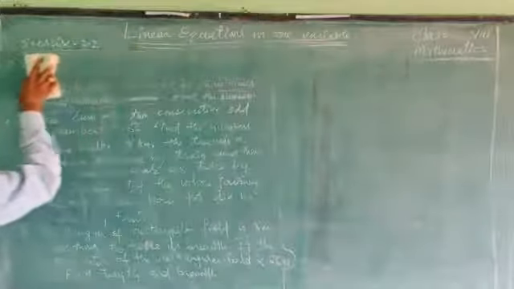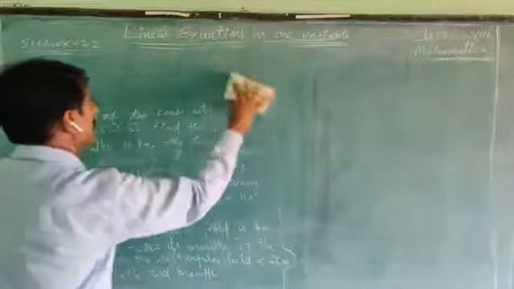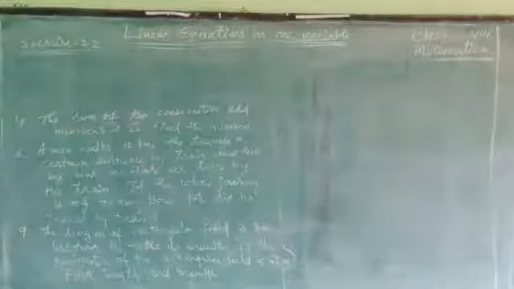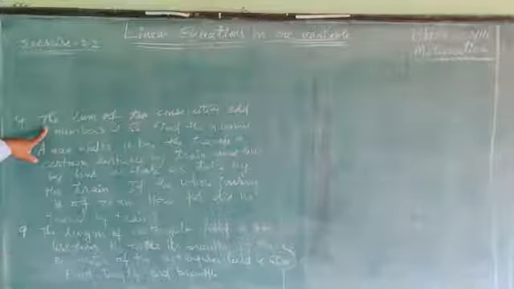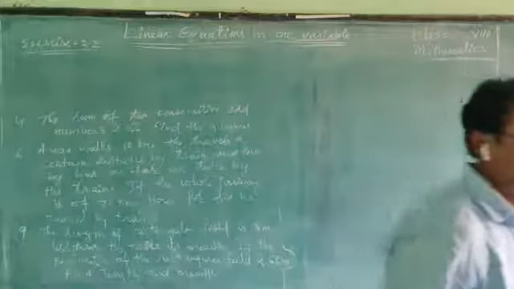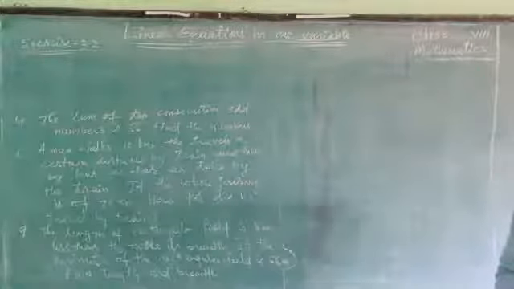Now the next sum: the sum of two consecutive odd numbers is 56. Which type of numbers?